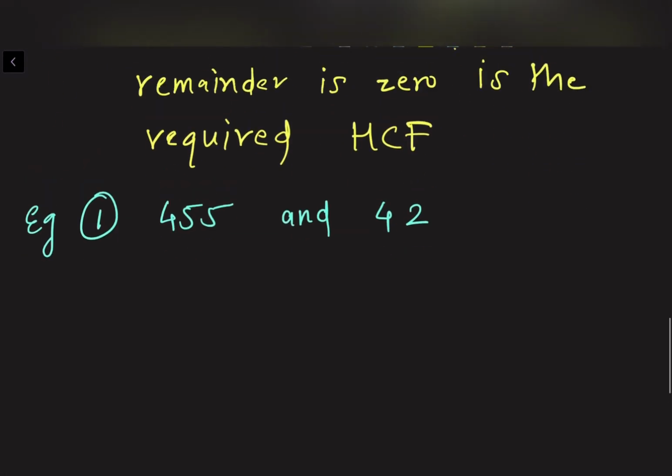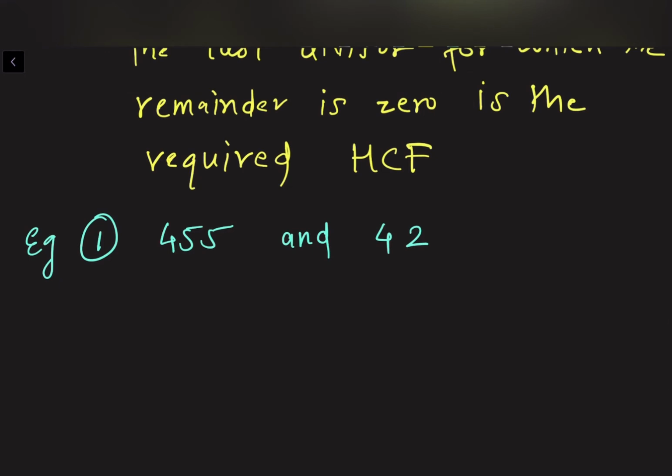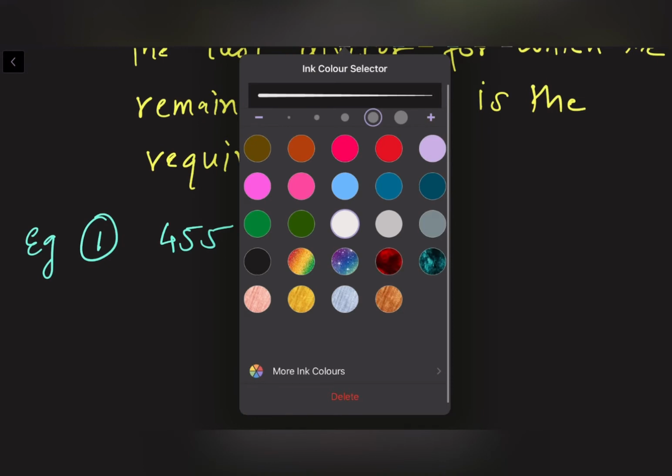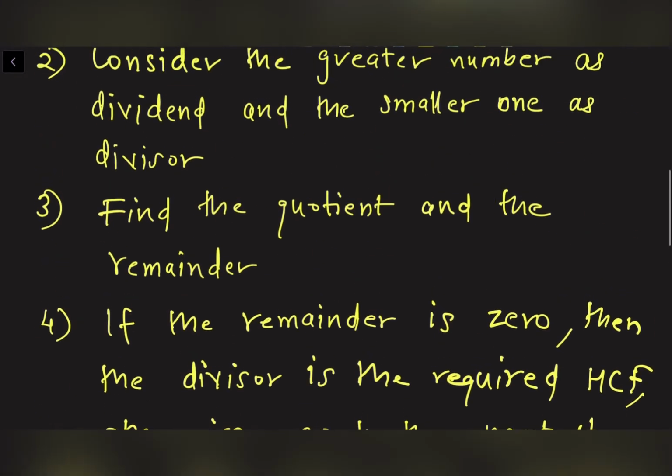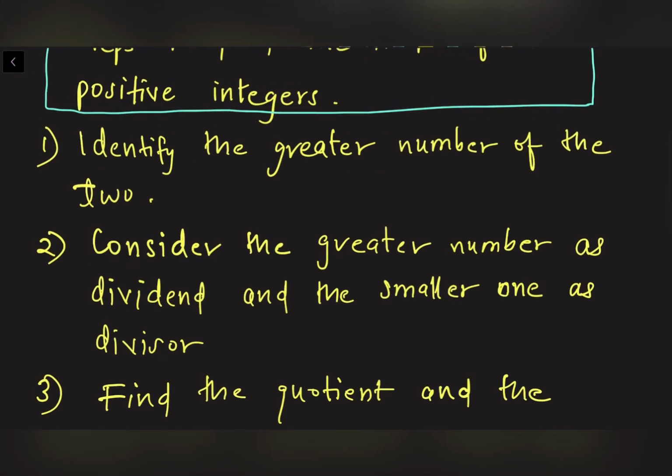So which is the greater number? Okay. So which is the greater among these? 455, right? Yes. And what is the second step? Consider the greater number as dividend and the smaller one as divisor.